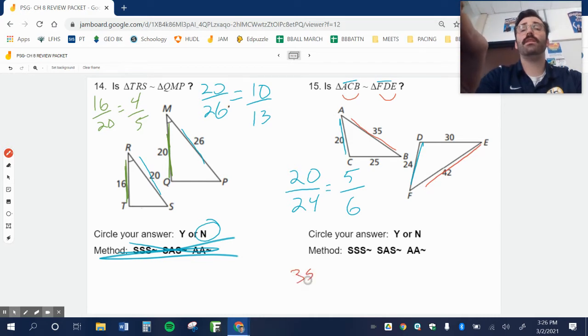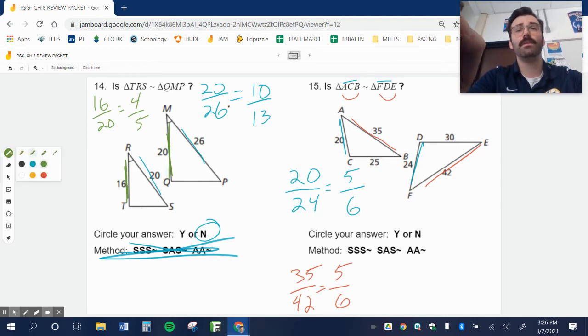So 35 over 42, which are both divisible by 7, and that's 5 over 6. Oh, we're looking pretty promising here with these 2 triangles being similar. Very promising. All right, let's see if we can fulfill that promise.